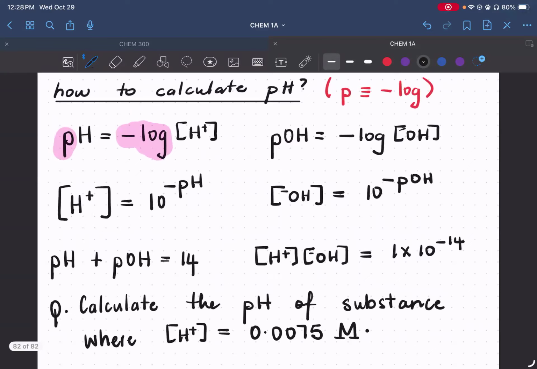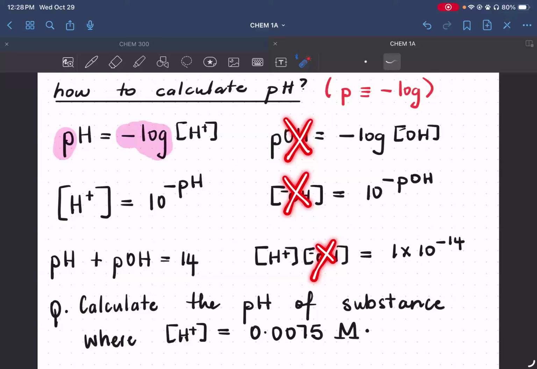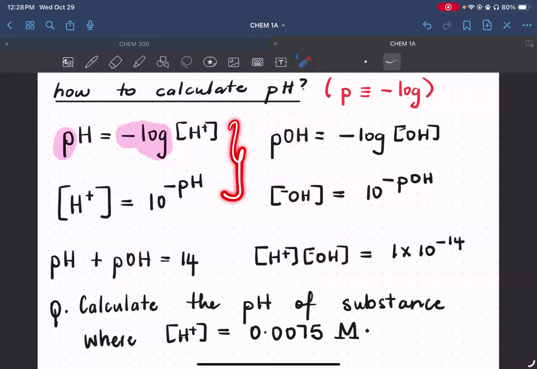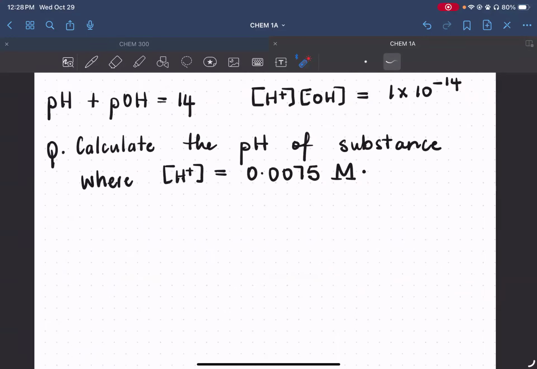All right, so we just look at our given formulae, our 6 formulae. There should be one popping out to you as the one we would use. Obviously, we wouldn't use any of the ones with OH simply because it's not included. Looking at our options up here, if we want to calculate pH, we just take the negative log of the H plus concentration.